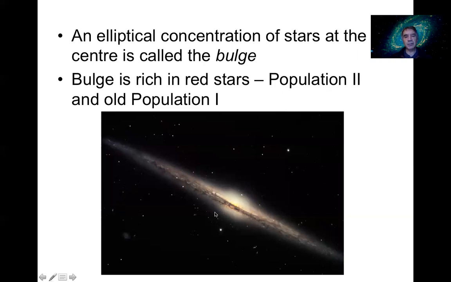They can also have some of the older population 1 type metal-rich objects as well, having more heavy elements in them, as well as the metal-poor population 2 stars that have been around for a very long time. So the population here is analogous to the globular cluster type population, but this is not a globular cluster. This is a much bigger thing that's stuck in the middle of a spiral galaxy.